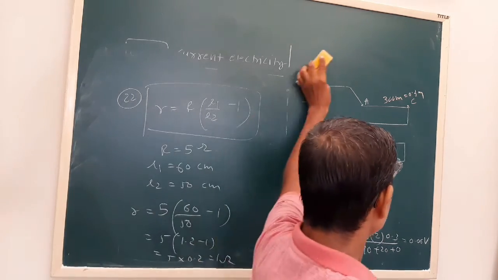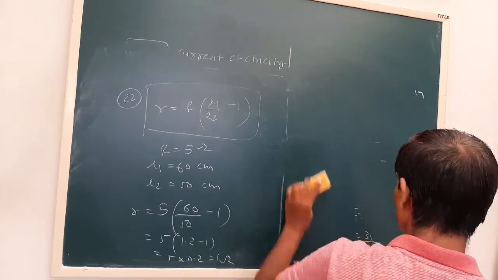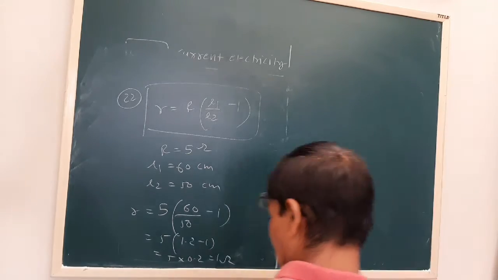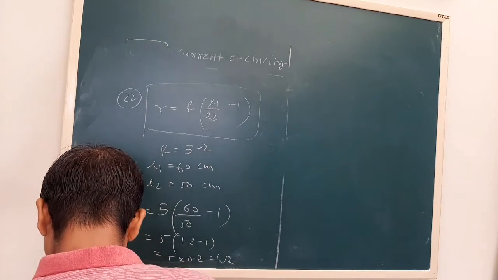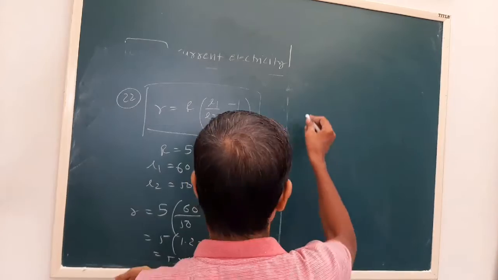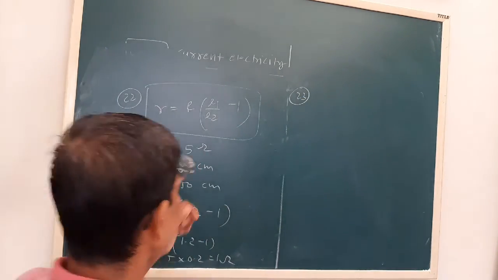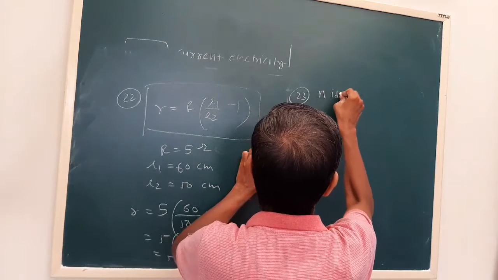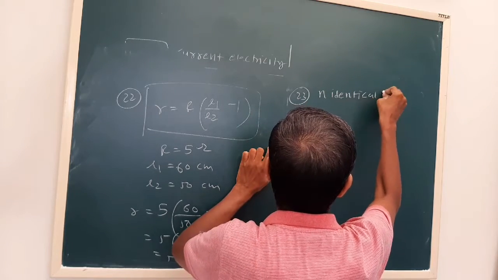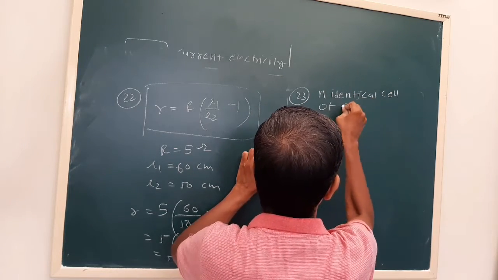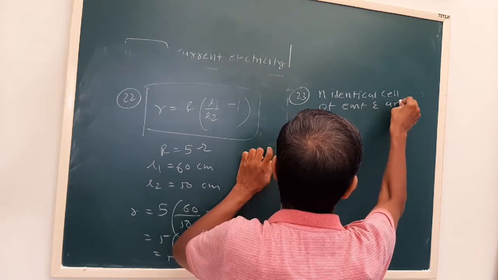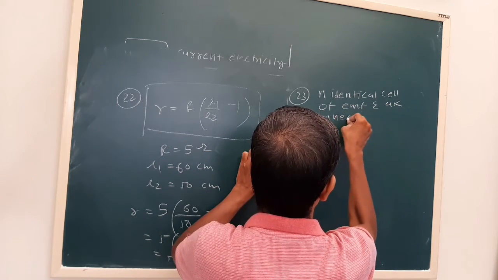If you can remember the formula well, it is very easy. Now next is MCQ number 23. Now see, n identical cells of EMF E are connected.